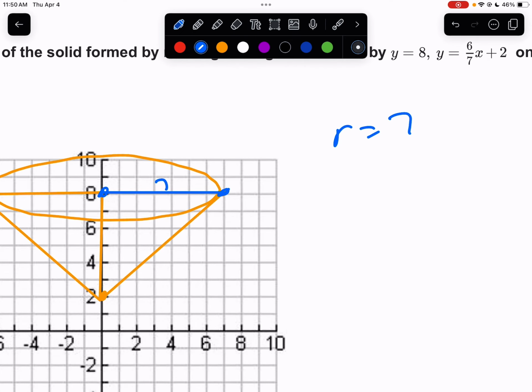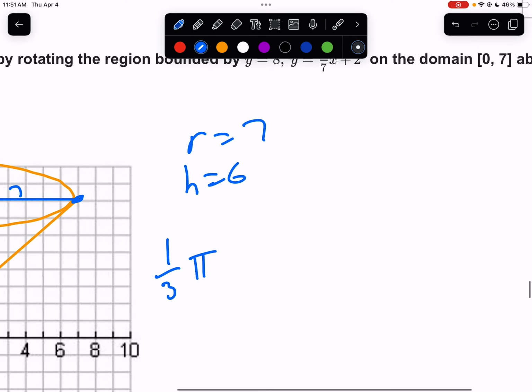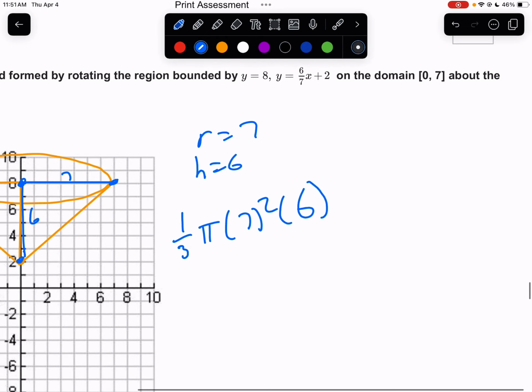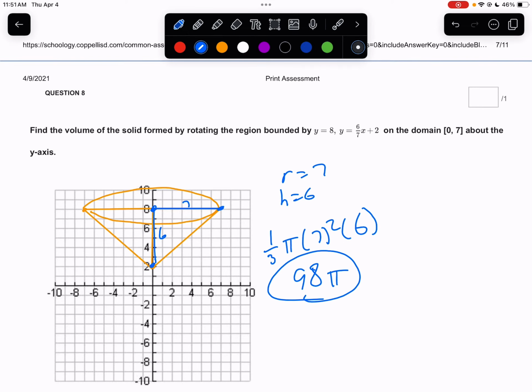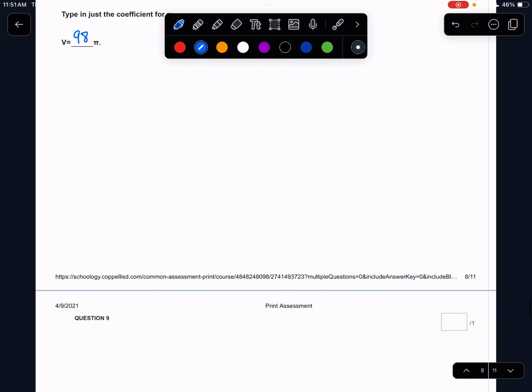And our height is from 2 to 8. The height would be 6. So it's going to be 1/3 pi times r squared times h. So 1/3 of 6 is 2 times 49 is going to be 98 pi. And so not much to that. You do have to get the graph in there. You do have to rotate around the correct axis.